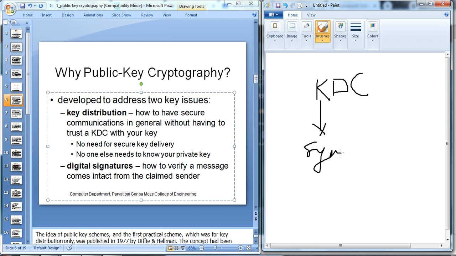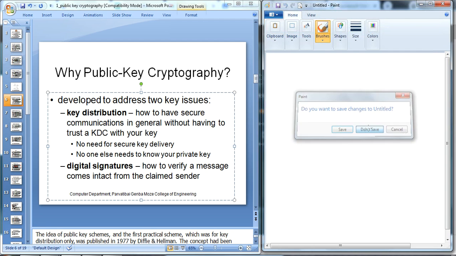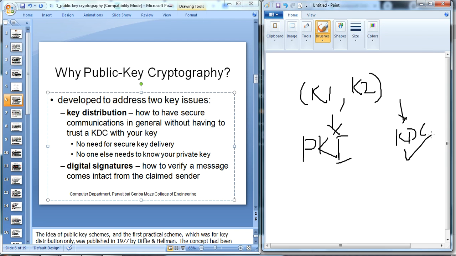But under public key cryptography, how is the particular key pair decided, and how is that key pair distributed to the particular user, or the public key to other users? There is a concept called public key infrastructure. In a later part we will learn about the public key infrastructure and the KDC also. KDC is used for symmetric keys and PKI is used for asymmetric keys.